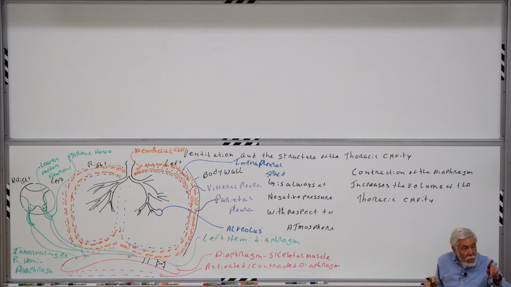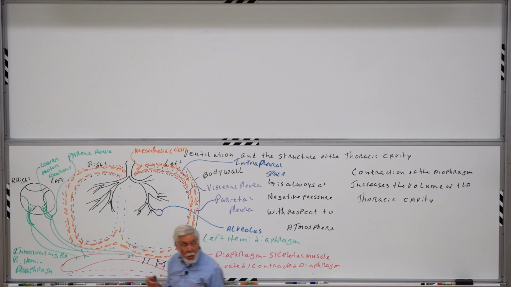So, yes? I just have a question. When it comes to the nerves, since they innervate on the right and the left, if there's paralysis, does that mean that the diaphragm only works half as well? So the question here is, if we have some form of a stroke or something happens and we wipe out this side.